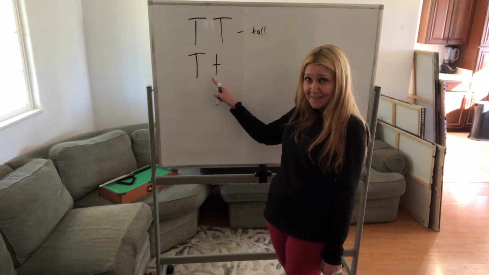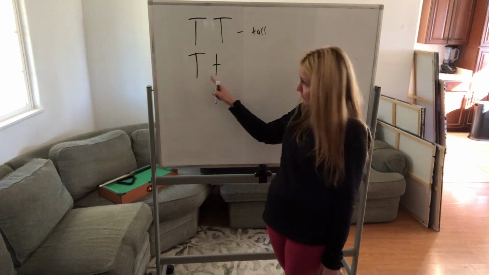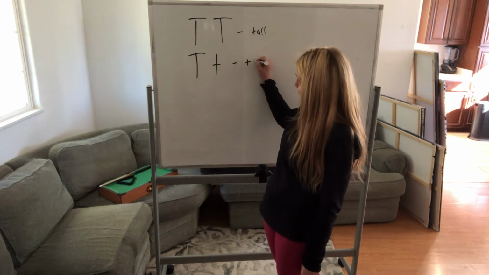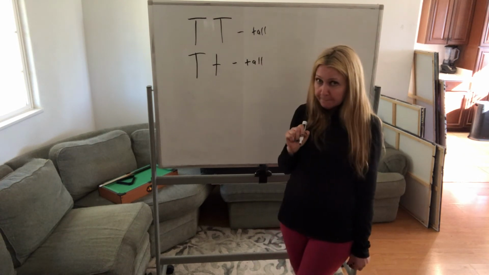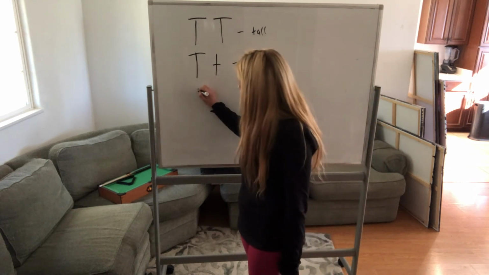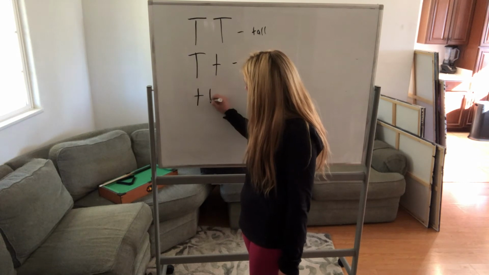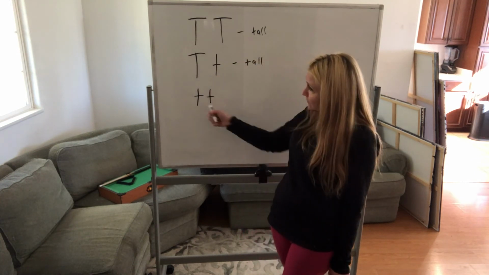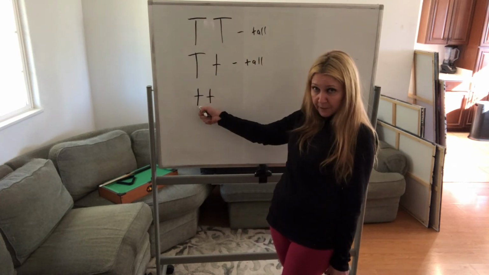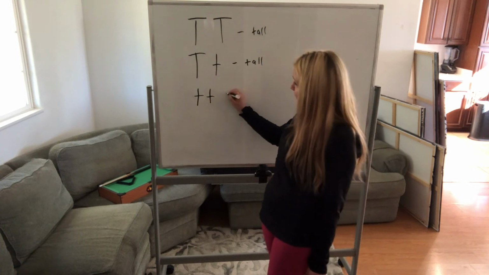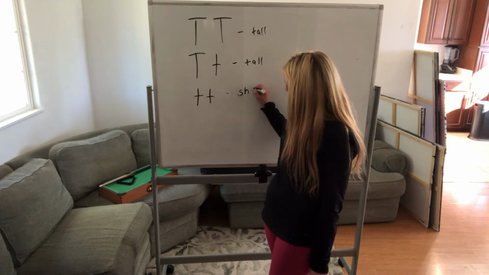However, big T is dominant, so this plant will also be tall. Then we have little t, little t: an allele for being short, an allele for being short. So this plant is short.